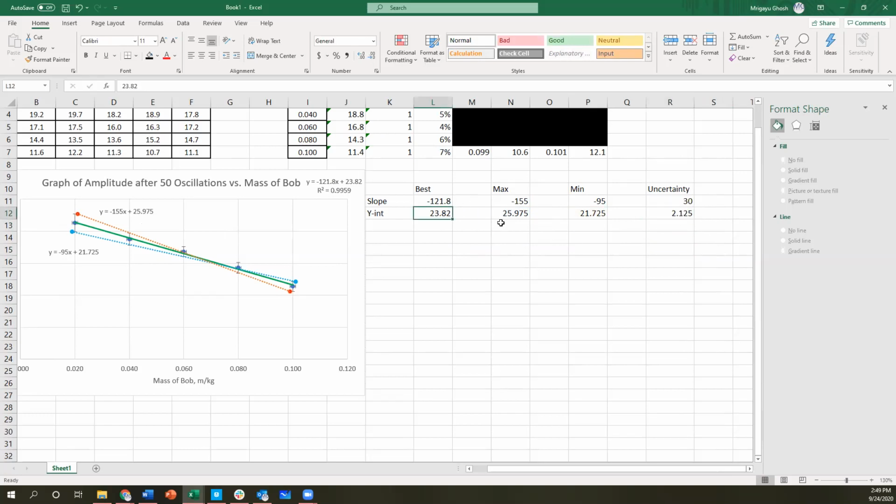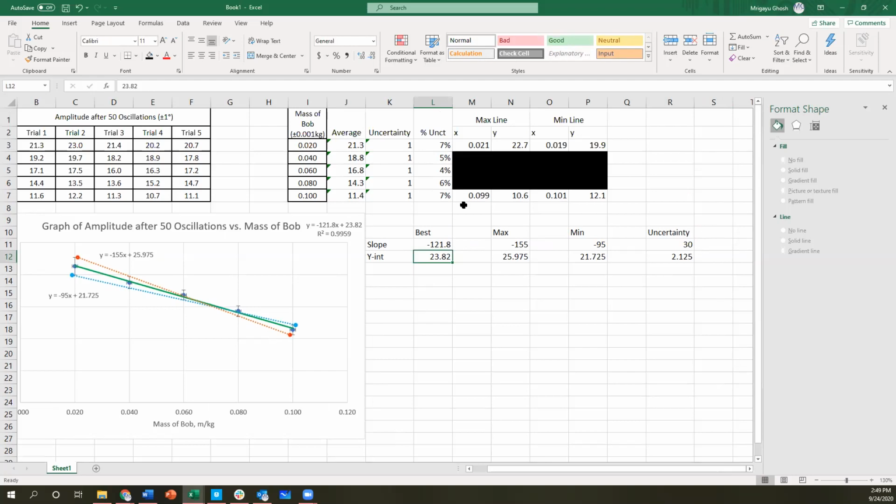And honestly, your y-intercept should only be expressed. These have too many sig figs. You see how your averages only have 3 sig figs? And your uncertainty actually only goes to 1. So honestly, your averages should have been rounded down to 21 instead of 21 point.